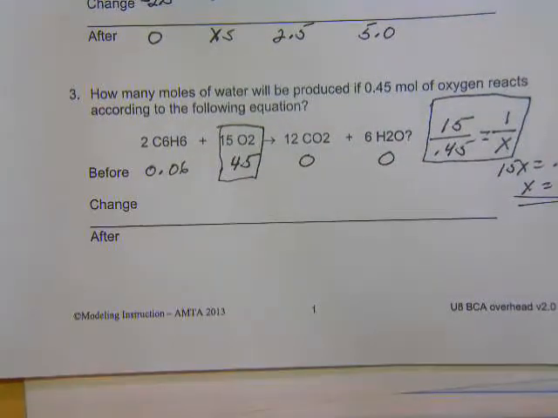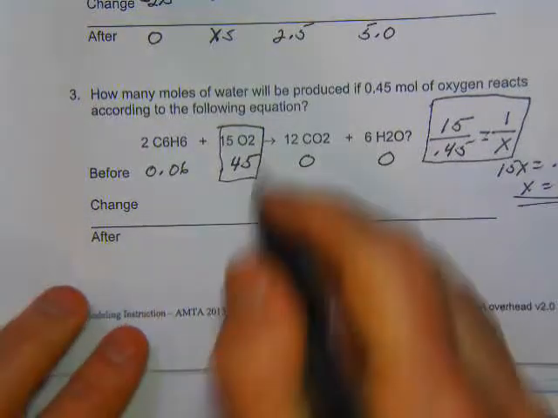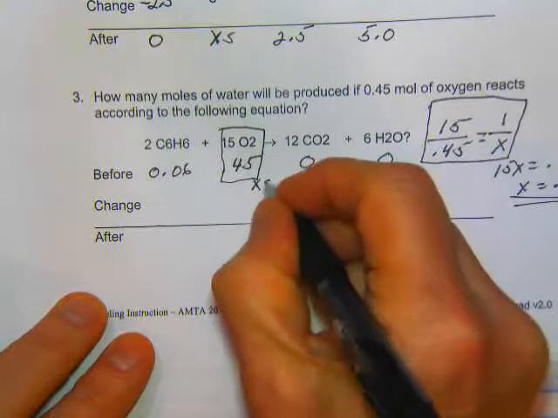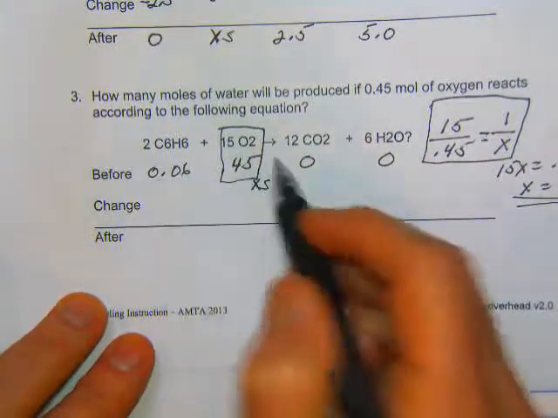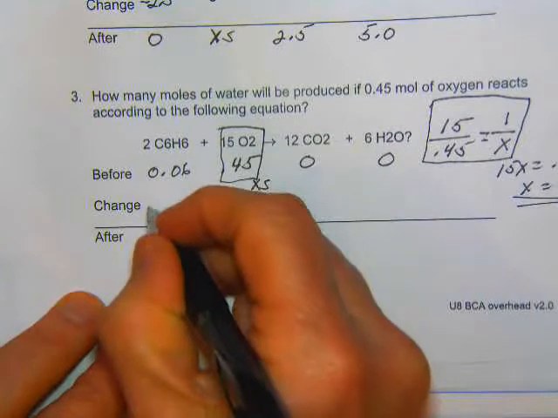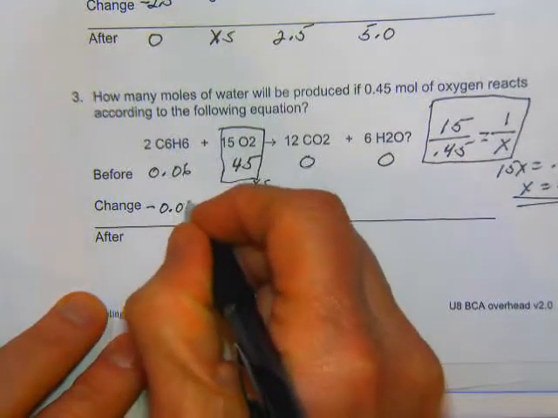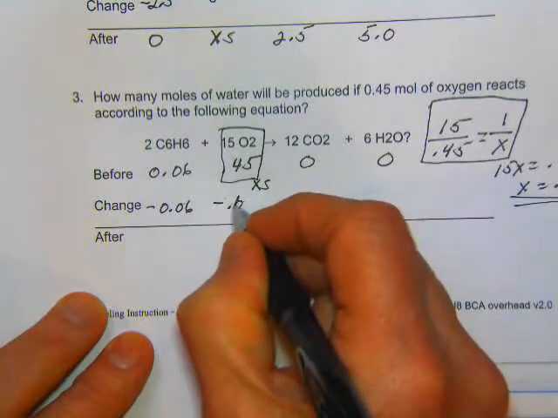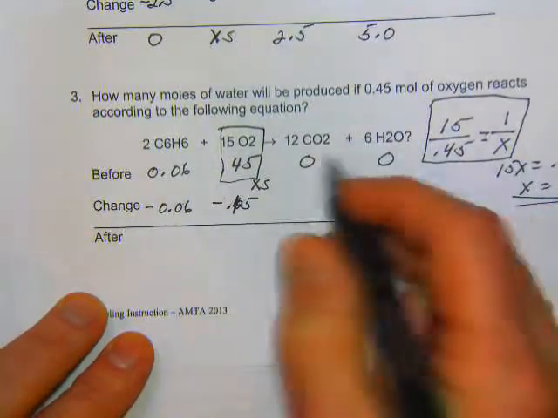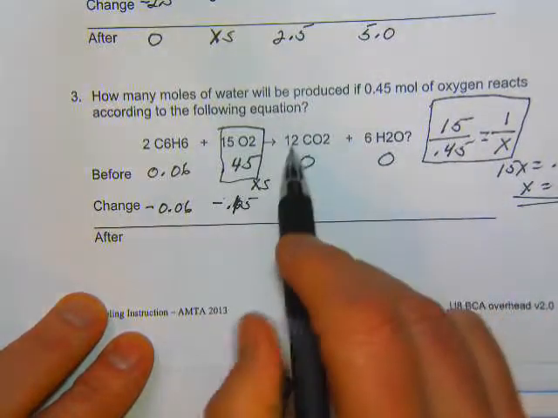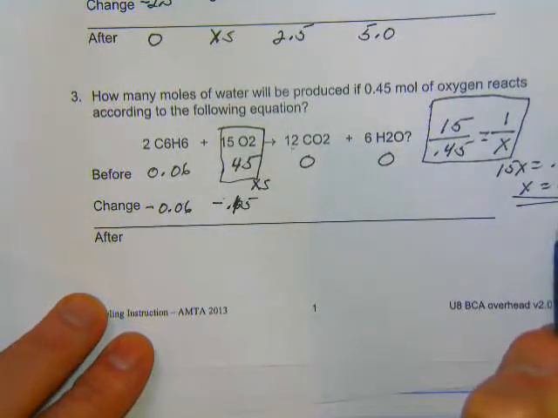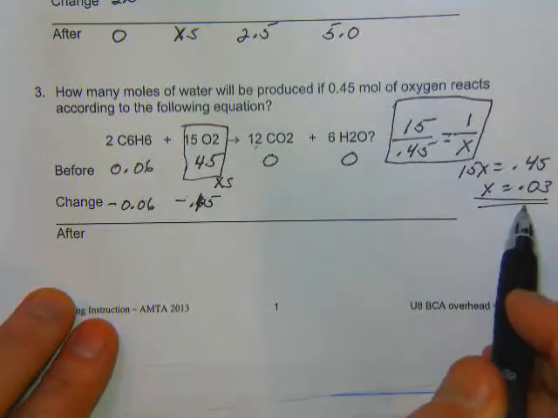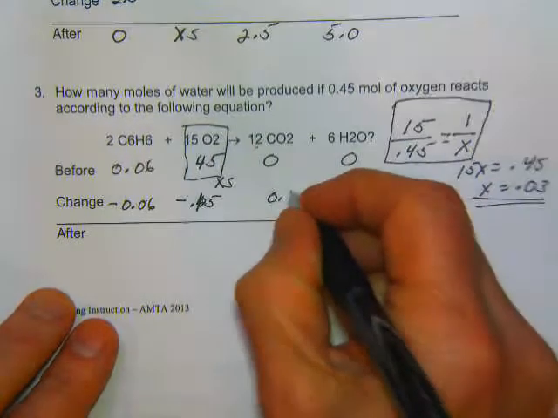All right, from here we can go ahead and do the change. And again, O2 typically is going to be in excess. You can definitely see we got a whole bunch of O2 here. So we're going to use up 0.06 of the C6H6. We're going to use up 0.45 of the O2. And we're going to produce 12 times this amount, which is 0.36.